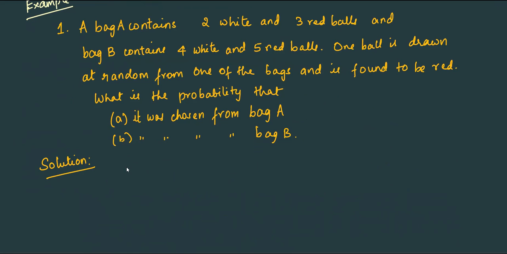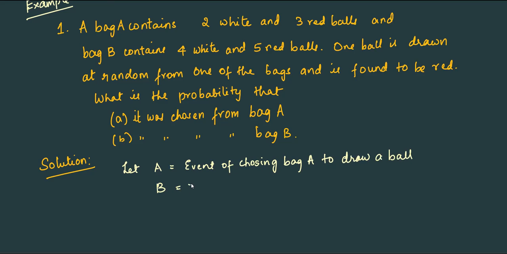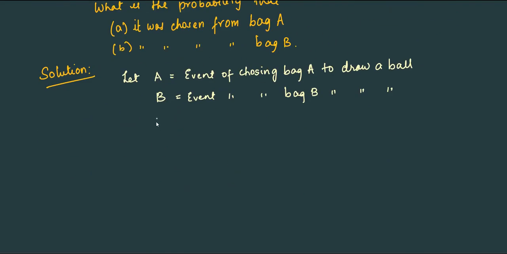Okay, so let A be the event of choosing bag A to draw a ball, and B be the event of choosing bag B to draw a ball, and let E be the event of choosing a red ball.